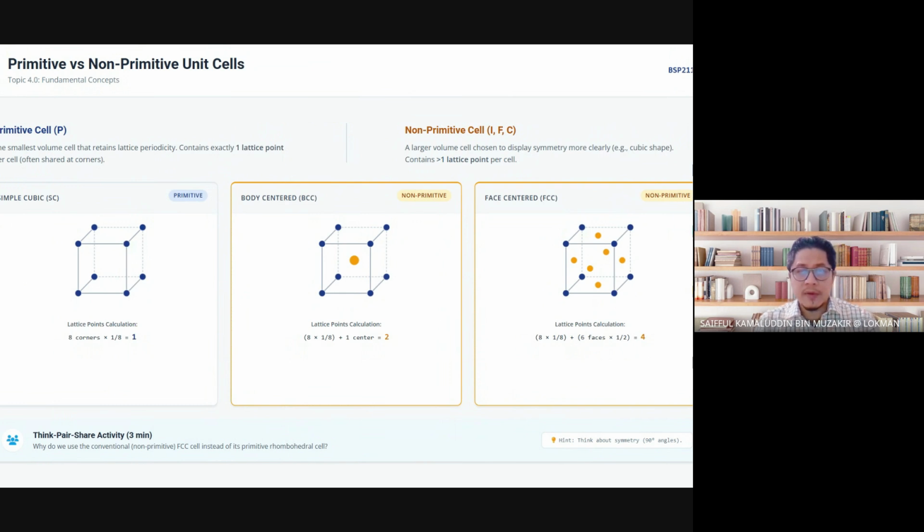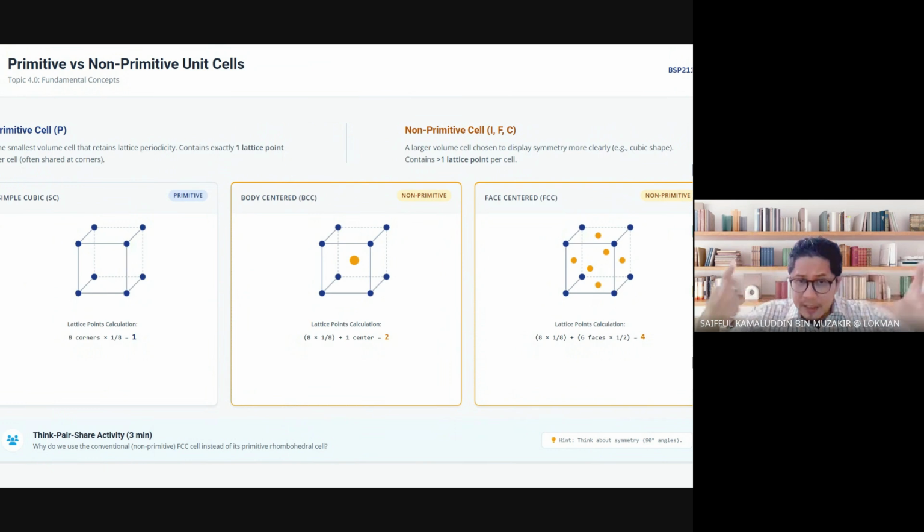So for conventional cells, we often count the contribution from corners, imagine like a cube. We often count the contribution from the corners of the cube, the faces of the cube, or the center of the cube itself, which will be related to the body-centered cubic later.